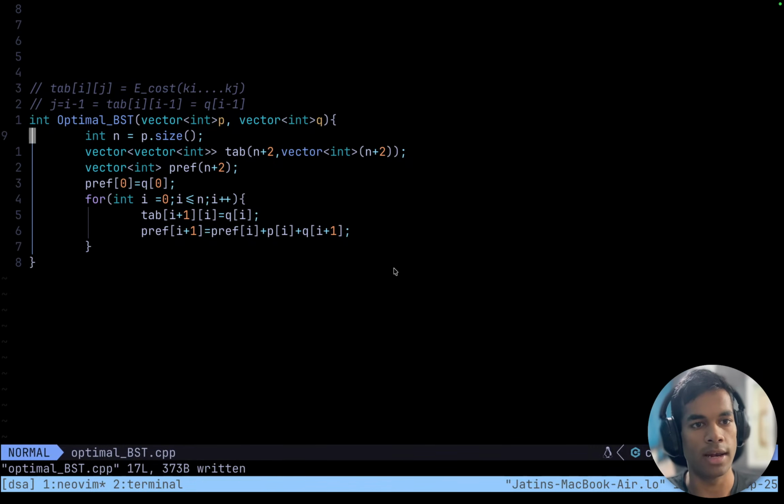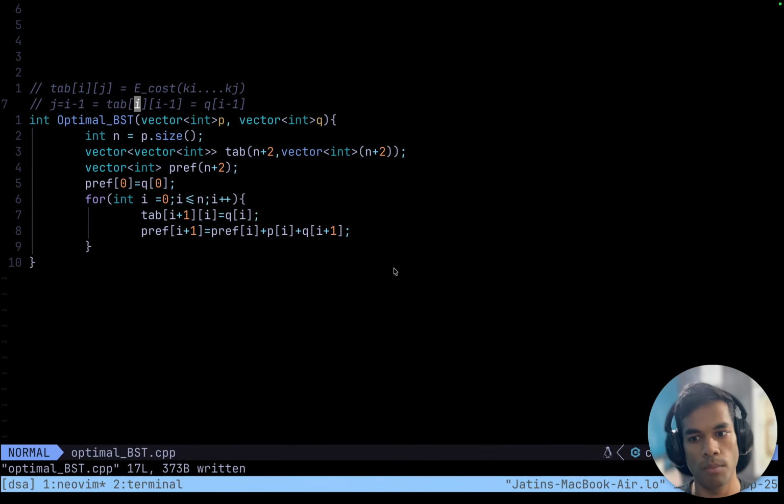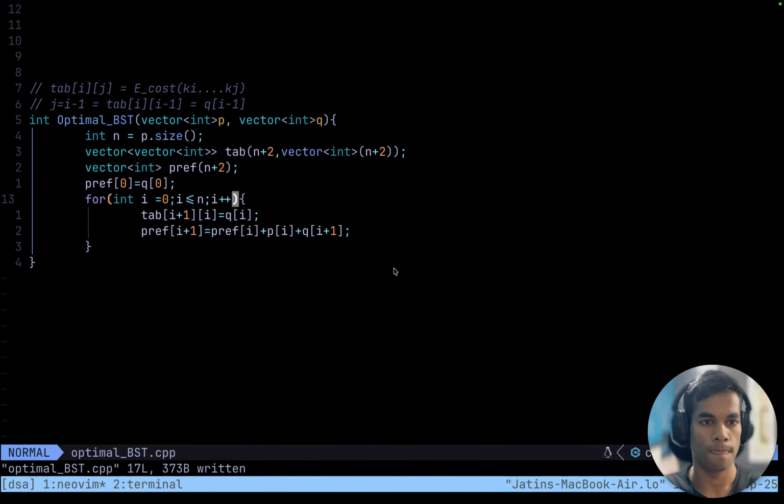And how low can I go? This I can go from 0. This I can go from 1 till n. In total, these are n things. So having this thing here is fine, and n plus 2 is also fine. This thing will range from 1 till n.